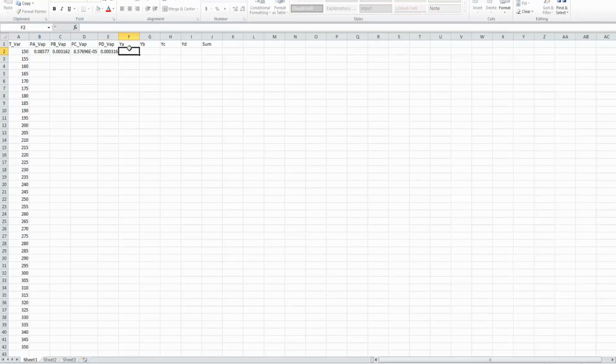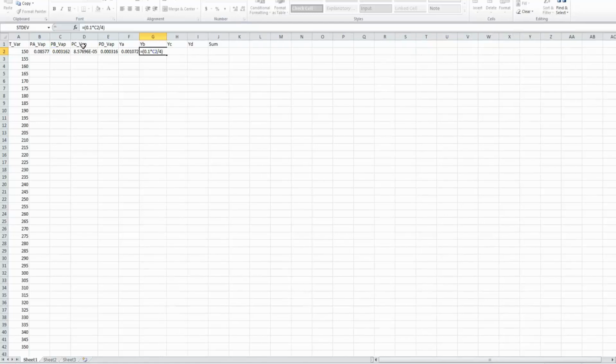Next we'll do YA. So it is equal to parentheses 0.05 times our PA VAP divided by our fixed pressure, which we said was 4, close parentheses, enter. Next is equal to parentheses 0.1 times PB VAP divided by 4, hit enter.